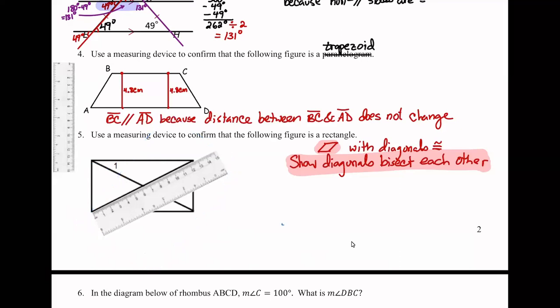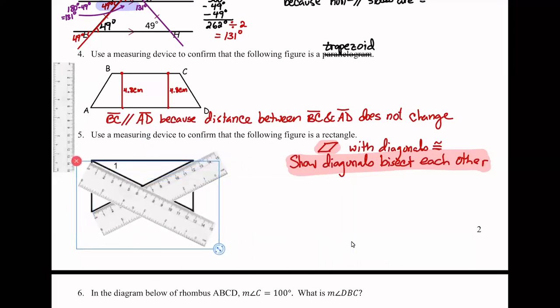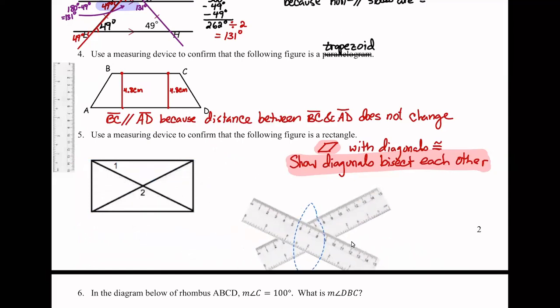I have two rulers. Let me put the other one back in, that shows a length of 12.5 centimeters. So each diagonal, and you know what? Let me get some labels on this. Move this out.